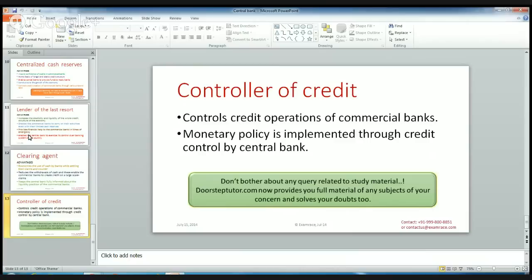We know that credit is a very important phenomenon in the modern economy, but if it is not controlled very well, then it can become a confusion or a peril. So the central bank functions as a controller of credit, and it controls the credit operations of the commercial banks. It provides various monetary policies and implements them through credit control by the central bank.